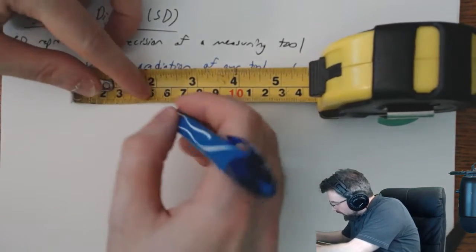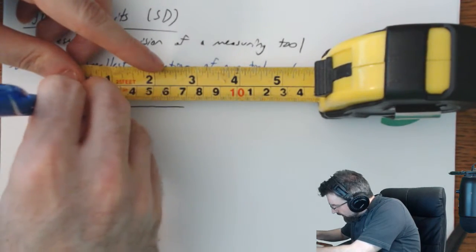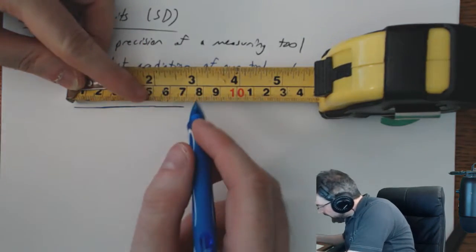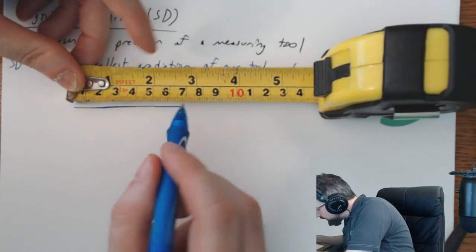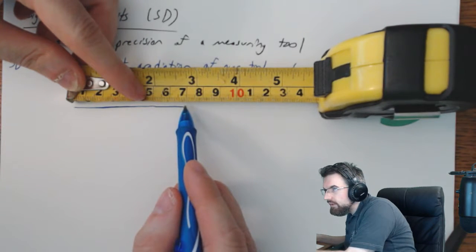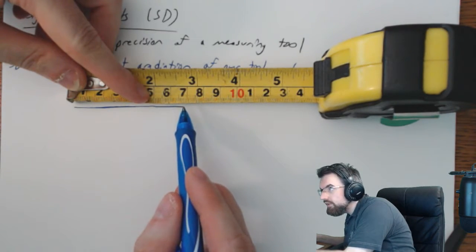So say we had a line that was this long. We can look at that line and see that it goes to, I'll call it 6.8, because 6.8 is going to be to here.